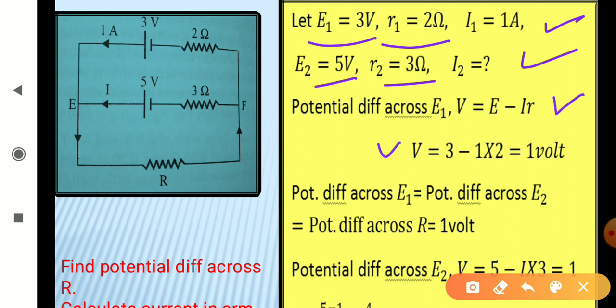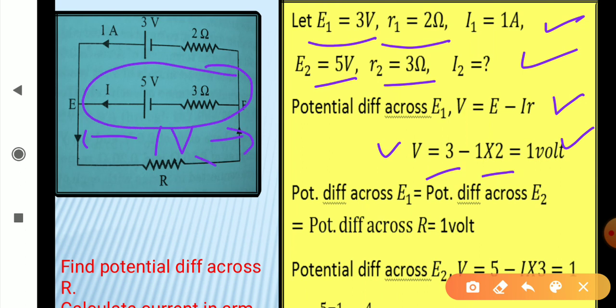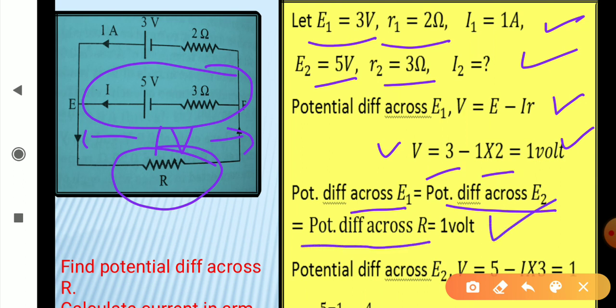So V is equal to E, which is 3 volt, minus I, which is given to be 1, so 1 into 2, you get 1 volt. So from here till here we get 1 volt, and the same potential difference will be across this. So potential difference across E1 is equal to potential difference across E2 is equal to potential difference across R is equal to 1 volt. So we have found out one part.